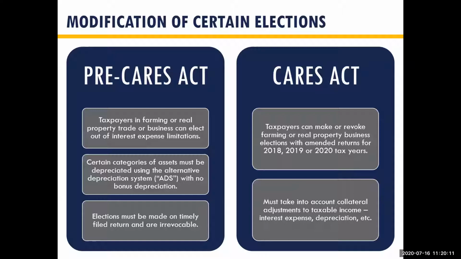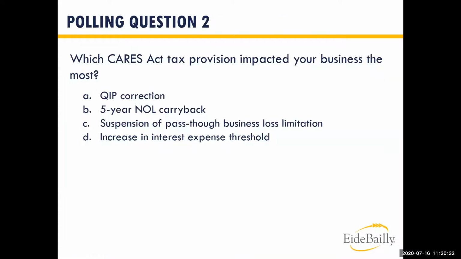We need to make sure that we're taking into account all other adjustments to taxable income, because when we revoke an election like this, we'll be increasing our interest expense, but then we also need to consider what impact that is going to have on our depreciation expense, and effectively rerun the return and see where else we will have changes as a result of the election modification.